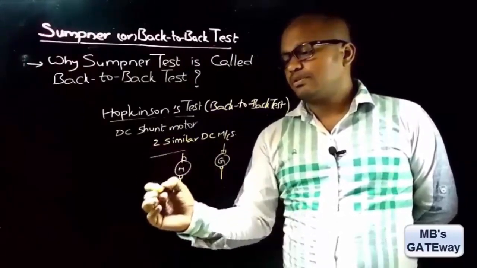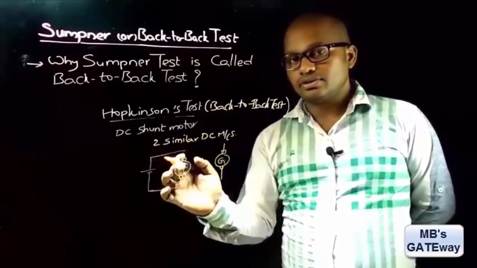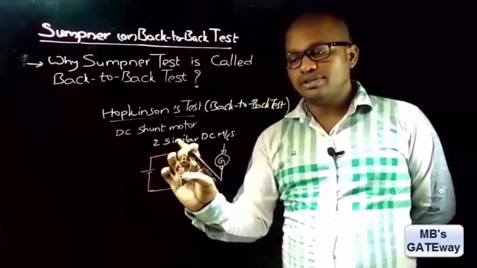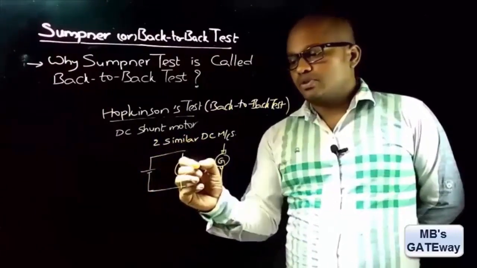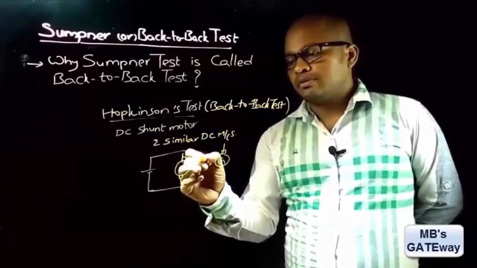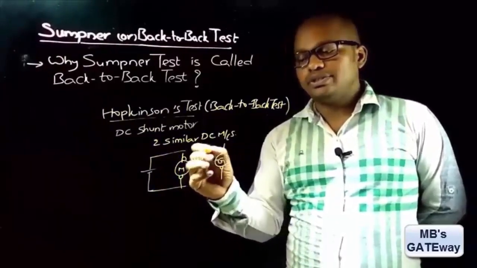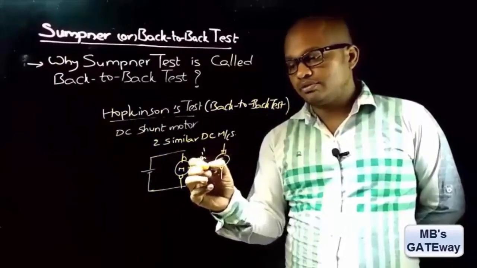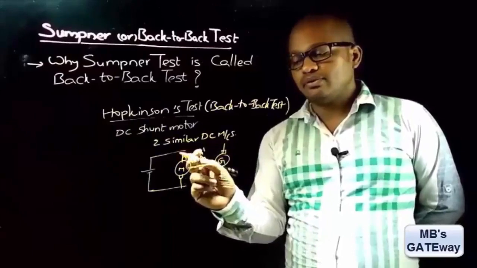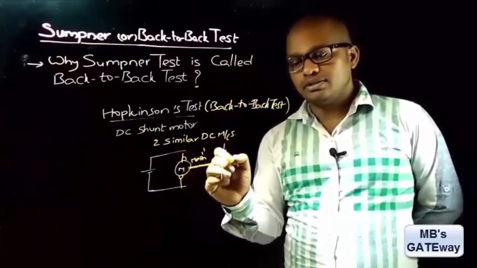If the input supply is given to this DC machine, as electrical energy input is given, this machine will run as a motor. So the output from the DC motor is mechanical energy output. And if you give this mechanical energy output to the generator as input, that is by coupling the shafts of motor and generator, you can provide the mechanical energy input to the generator.